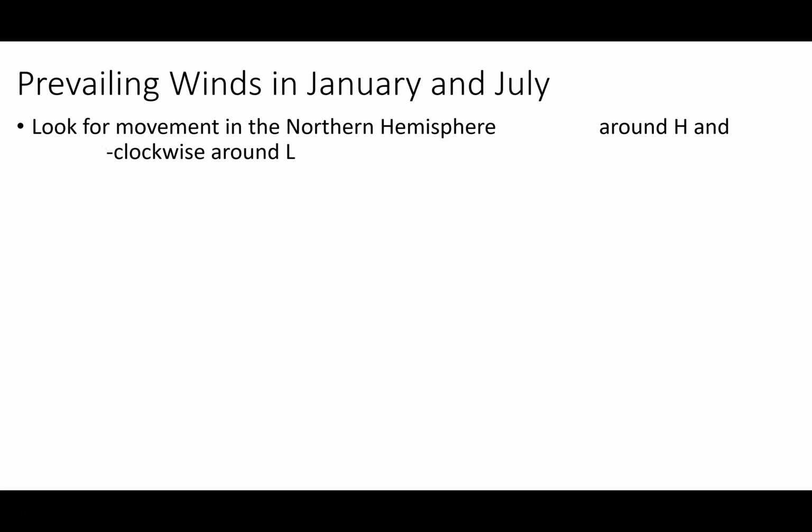So around a low, cyclonic motion then is counterclockwise, the same way that the Earth appears to rotate if you're looking down at the North Pole. This is in the northern hemisphere. It's opposite in the southern hemisphere.